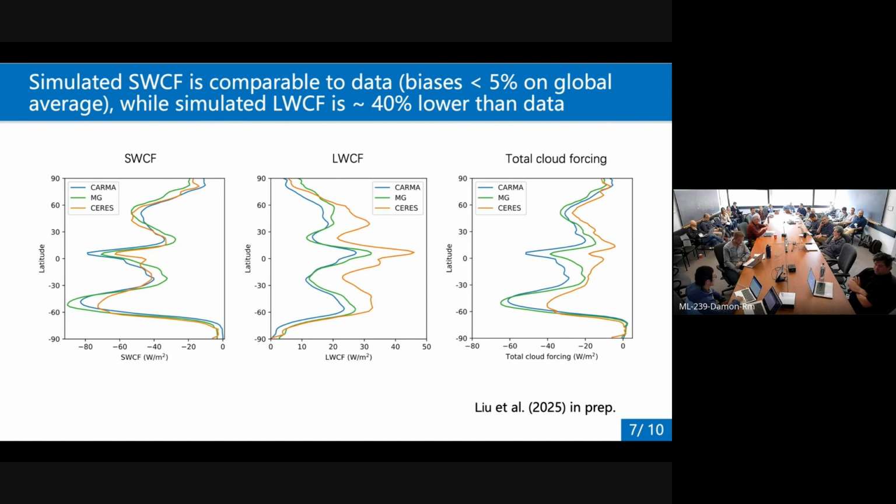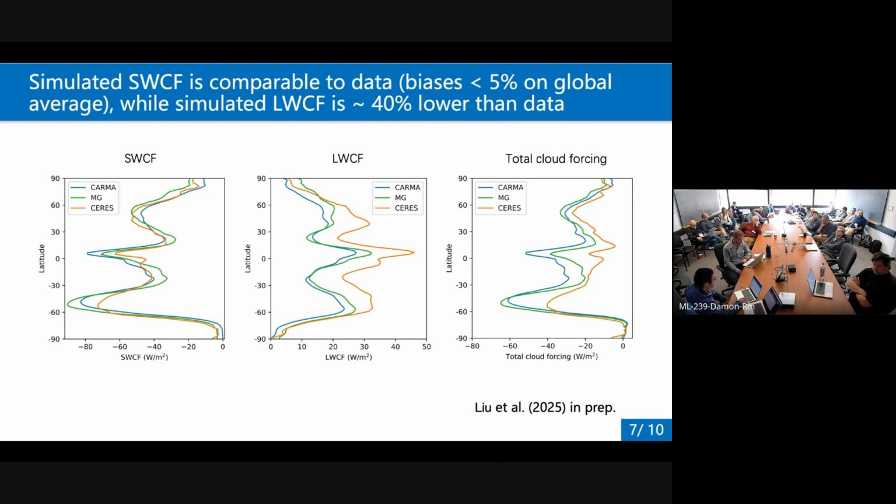For the shortwave cloud forcing, on average, we have good patterns for both of these models, while we have some high values in the tropics and in the Southern Ocean. The Southern Ocean is probably due to large liquid water paths, and in the tropics, for Karma it is probably still due to the large liquid water paths, and for MG probably due to the smaller effective radius. And for the longwave cloud forcing, it has larger biases compared to data, around 40% lower than the data.